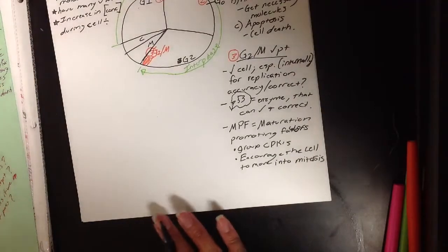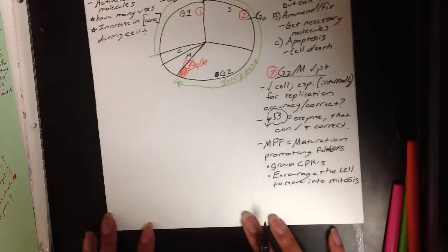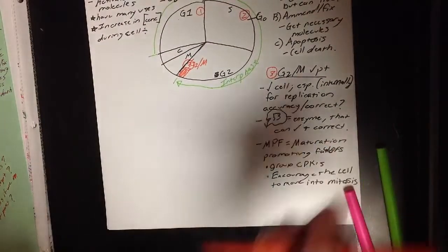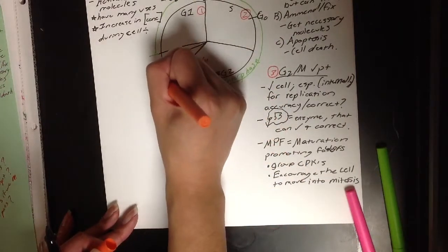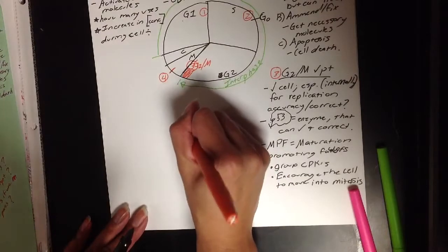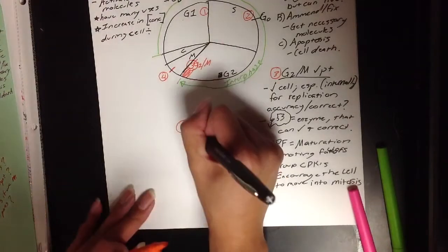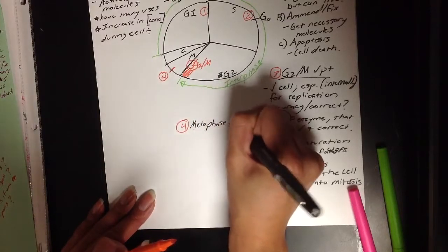So after our third checkpoint, we do have a fourth checkpoint that actually occurs in the middle of mitosis. And this is going to be our fourth checkpoint. In our fourth checkpoint, this is actually going to be known as the metaphase checkpoint.